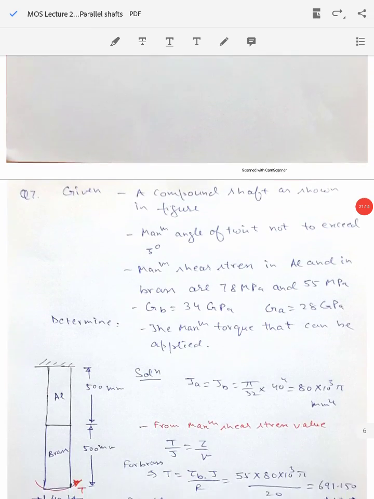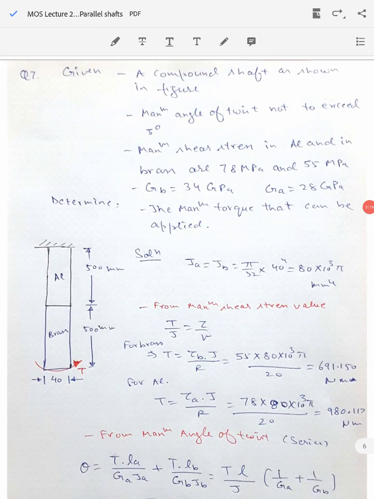Now let's do one more numerical, and now we have a case of a compound shaft as shown in the figure. Half of it is made of aluminum, and the other half is made of brass. They are both of the same length, 500 millimeter, and the same diameter, 40 millimeter. The torque is being applied at the free end, so it is basically a case of a series shaft.